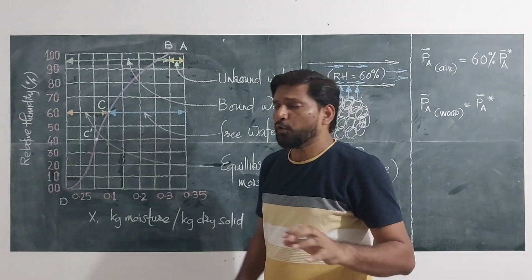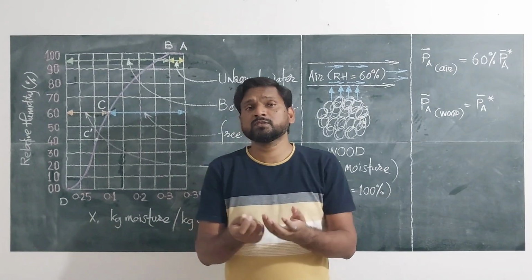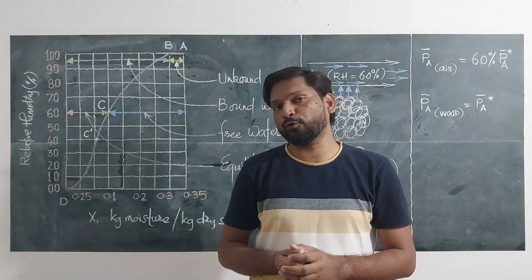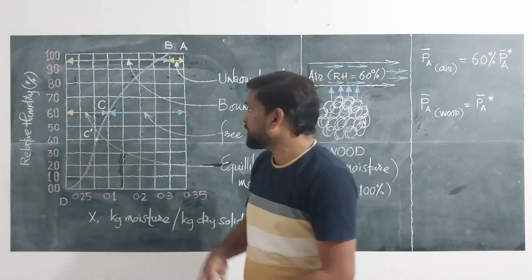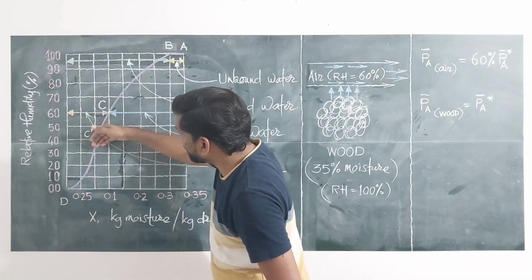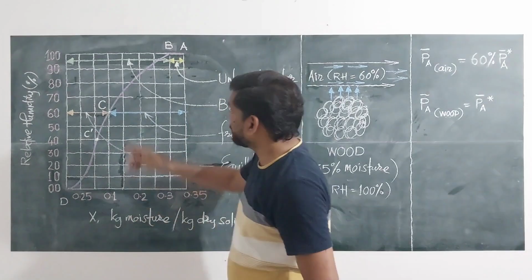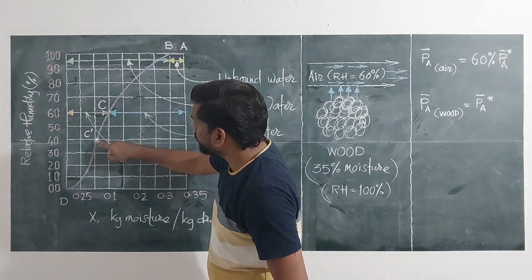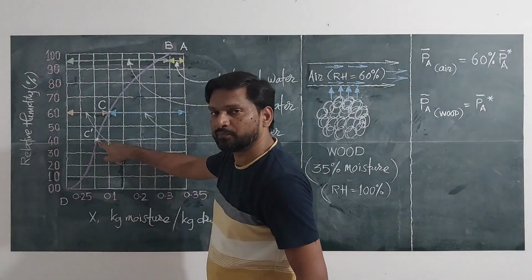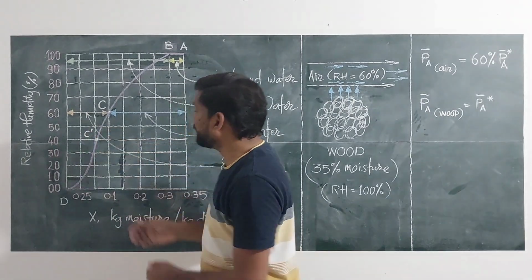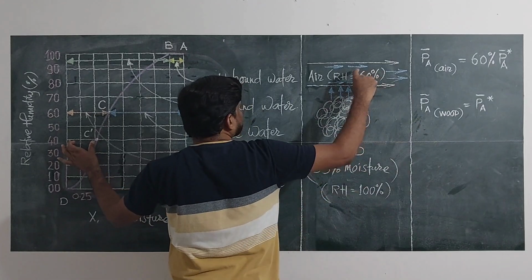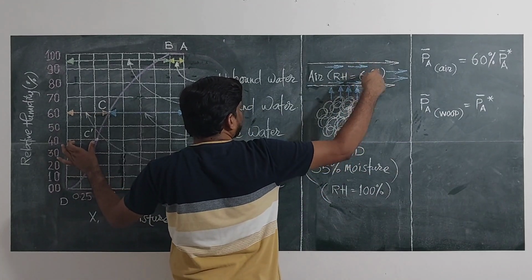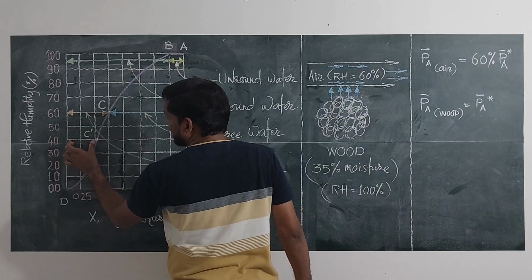Got it? What if we use an air for drying whose relative humidity is 40%? Naturally, this curve will go down again, and the point C will be shifted to point C dash. So this will be the equilibrium point, and the equilibrium moisture content at 40% RH of air is this.